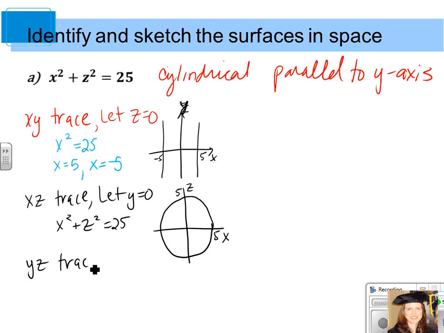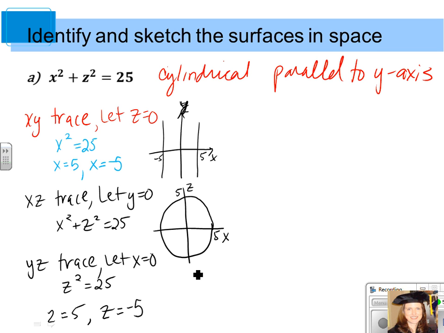To find the yz trace, you're going to let x equal 0. If you let x equal 0, you get the equation z squared equals 25. Again, I just put 0 into the original equation for x. This has two solutions: z is equal to 5 and z is equal to negative 5.